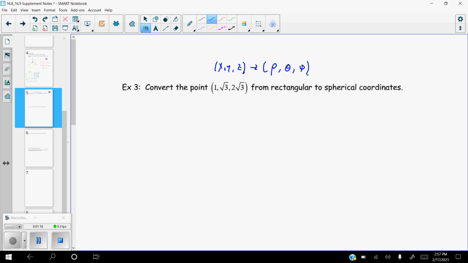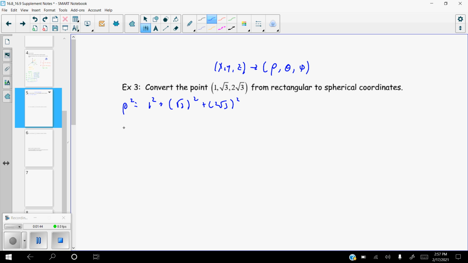You can do this in whatever order is easiest for you. Personally, I usually just go right along the order there. I'm going to find rho, which is, well, x squared plus y squared plus z squared is rho squared. So rho squared is x squared plus y squared plus z squared.